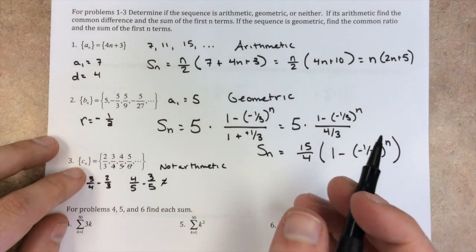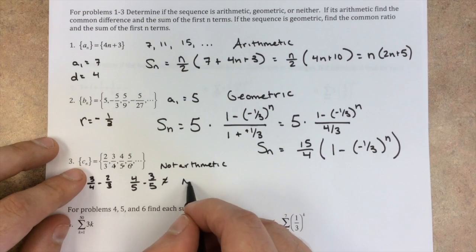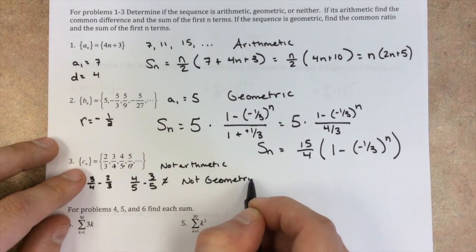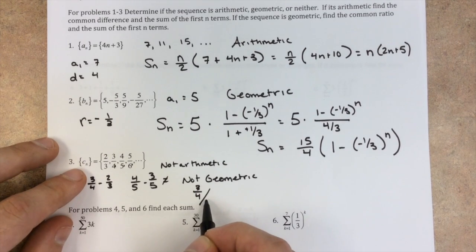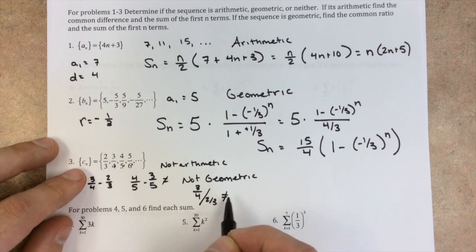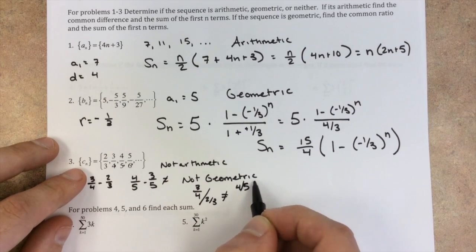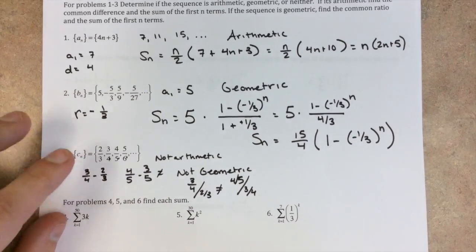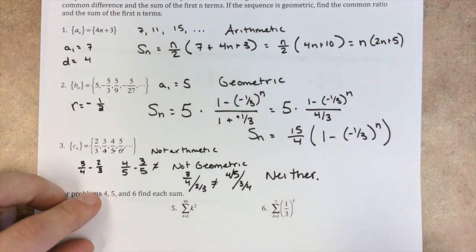So is it multiplied by a common ratio? 2/3, then 3/4, then 4/5. So it's not geometric, because if we wanted to find the common ratio, 3/4 divided by 2/3 is not equal to 4/5 divided by 3/4. Those aren't the same, so it's not geometric. So this one we would write neither.